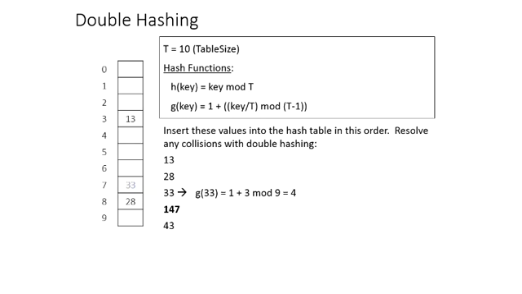It becomes 1 plus (33 divided by 10, which is 3) mod the table size 9, so 3 mod 9 is 3, and 1 plus 3 is 4. So 33 will be stored in the 4th position.